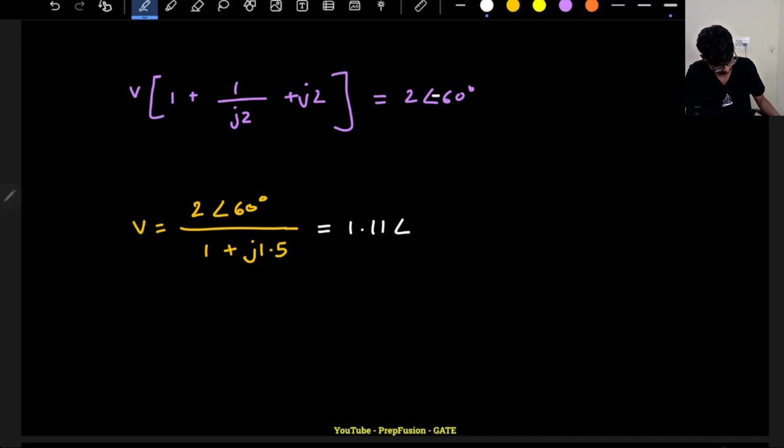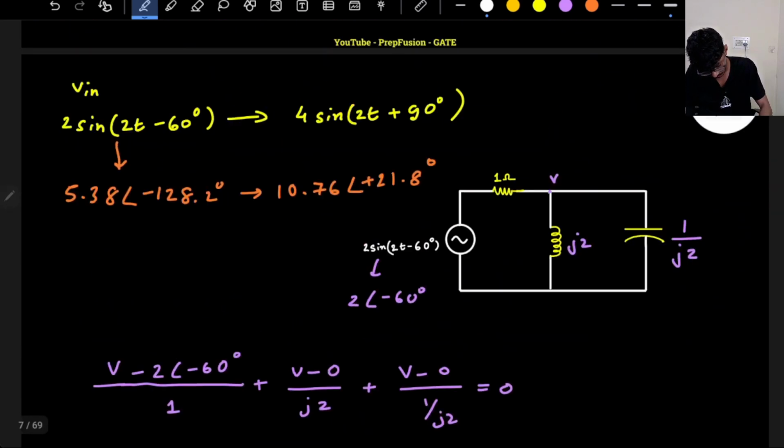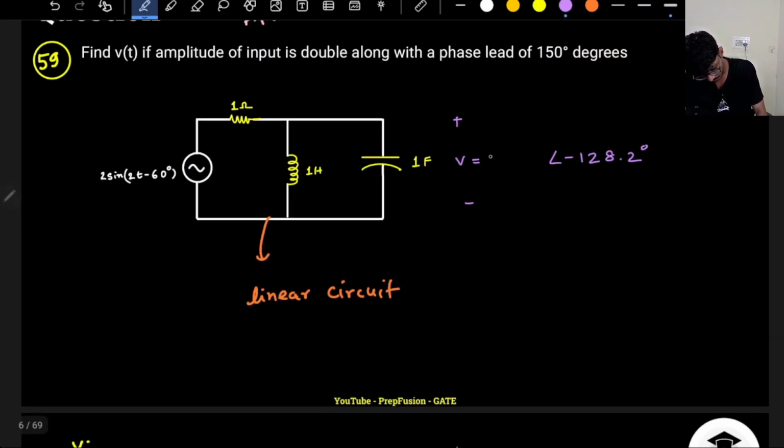What will be the angle? The angle will be tan inverse of 1.5 divided by 1, and plus 60. It will be 3.69. So this is my bad. This will be 1.11 angle 3.69 degrees.